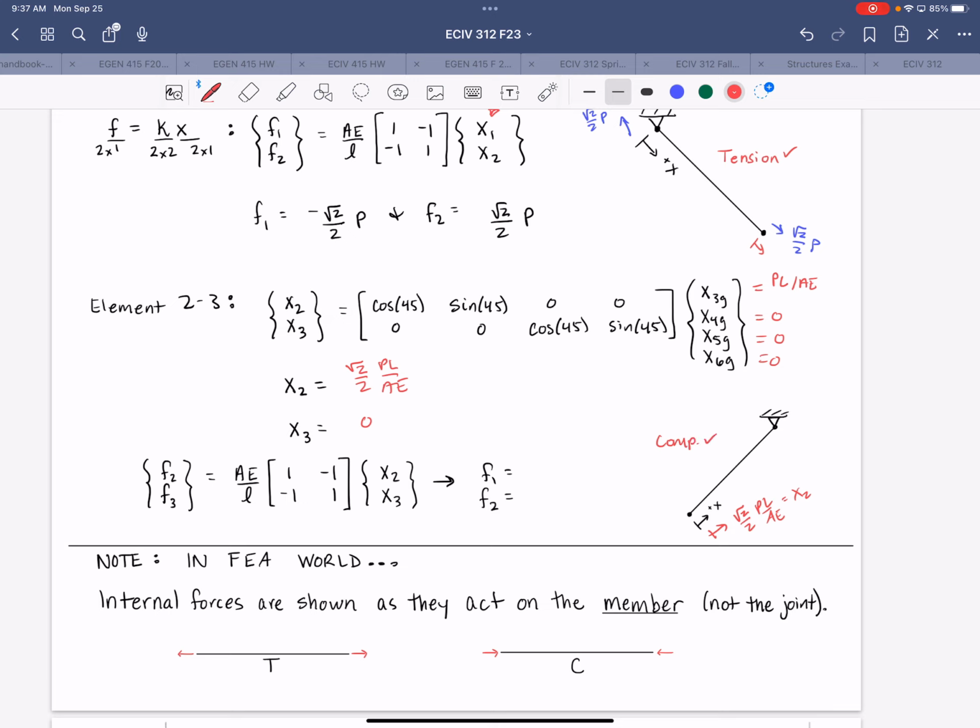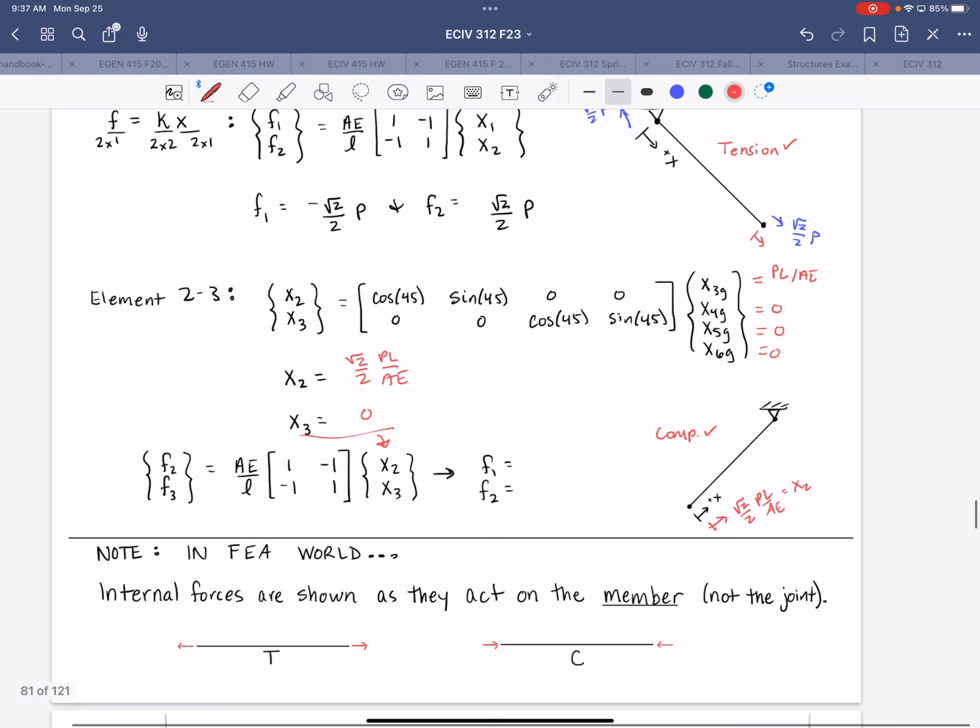That checks out. Force results, once we plug that x2, x3 into our F equals kx, we get F1, or well, this is written down wrong. So correction to the notes. This should be F2 and F3.